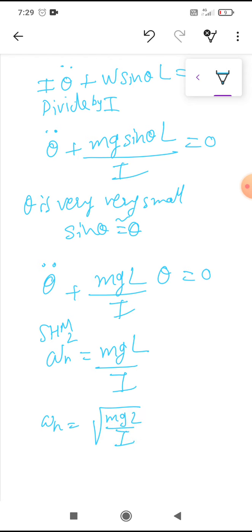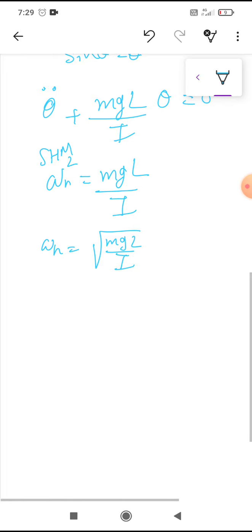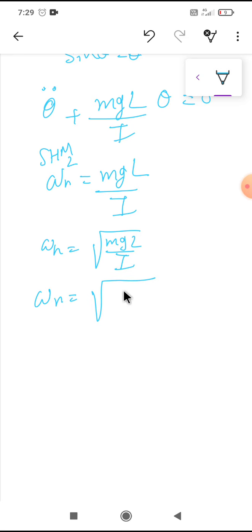Now what is I? I is moment of inertia. What is the formula of moment of inertia? The formula of moment of inertia is mk square, that is mass into radius of gyration. Radius of gyration is just the distance between the axis of rotation and the mass.